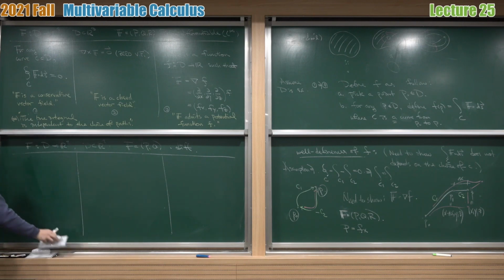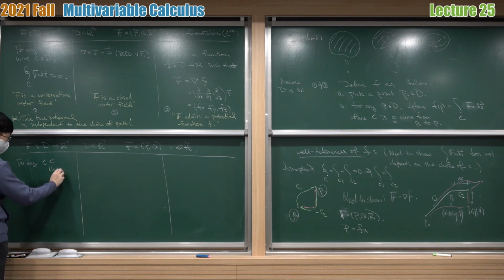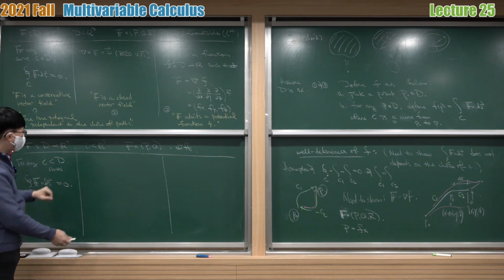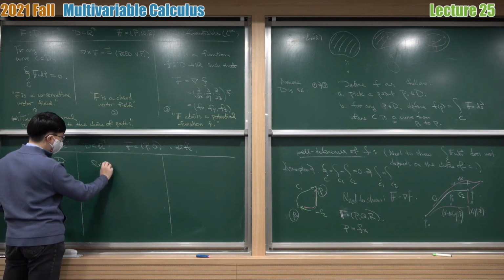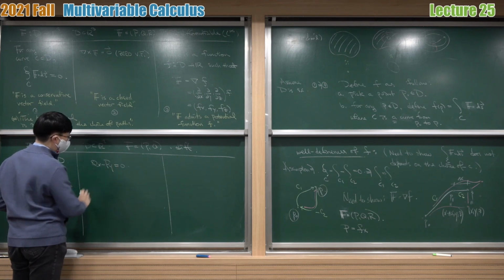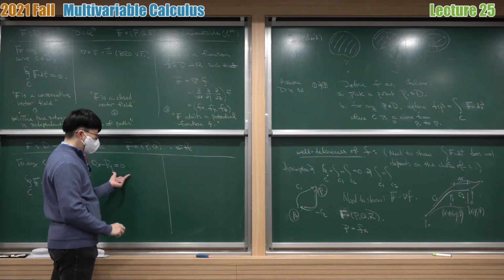For any closed curve in D, the line integration always equals 0. That's one condition. The second one is that Qx minus Py equals 0. The rotation is 0.